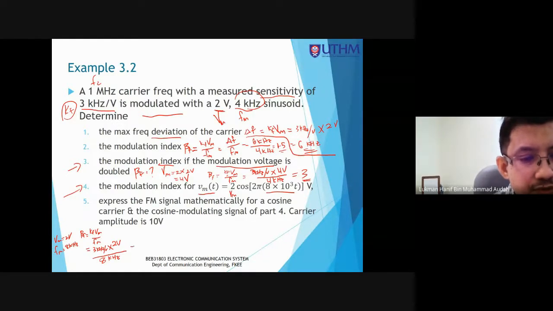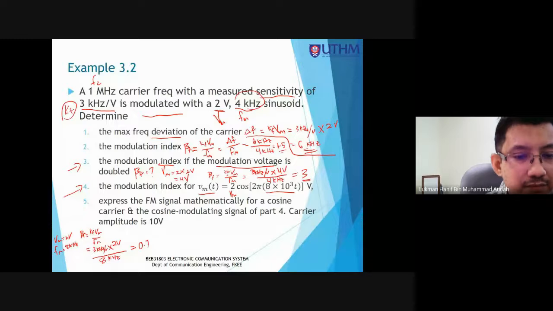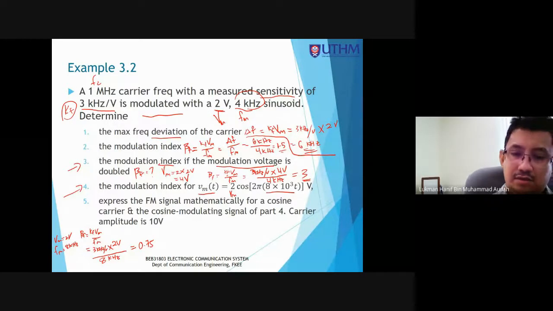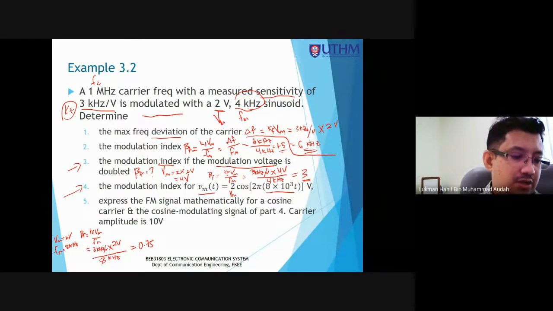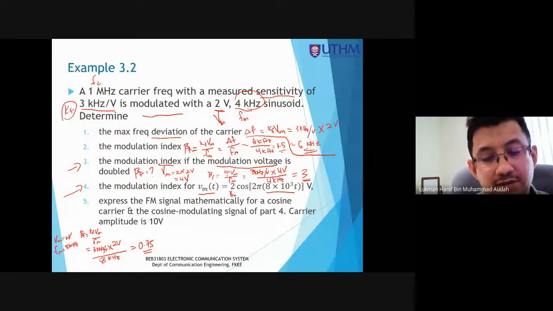So this is equal to 6 divide with 8. So kita akan dapat 0.75. Boleh cuba, so 3K multiply with 2 divide with 8K. So you get 0.75. Siapa tak dapat boleh tanya soalan.